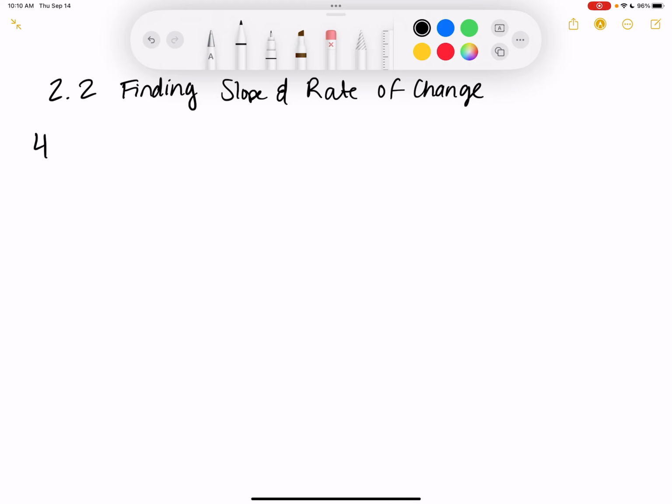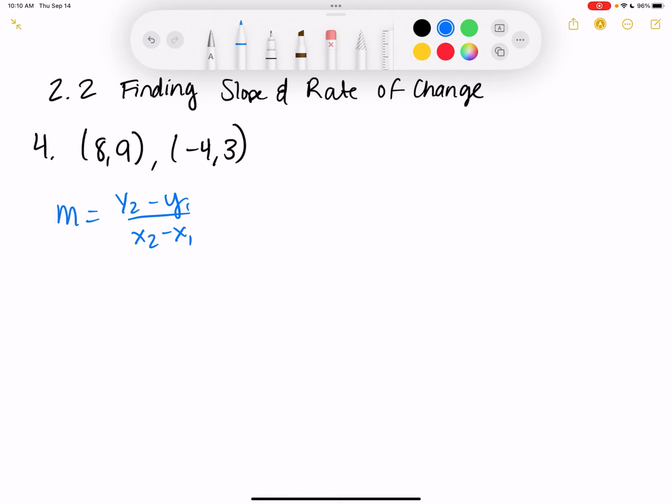So for 8, 9, and then the point -4, 3. What is my slope formula? y2 minus y1 over x2 minus x1.